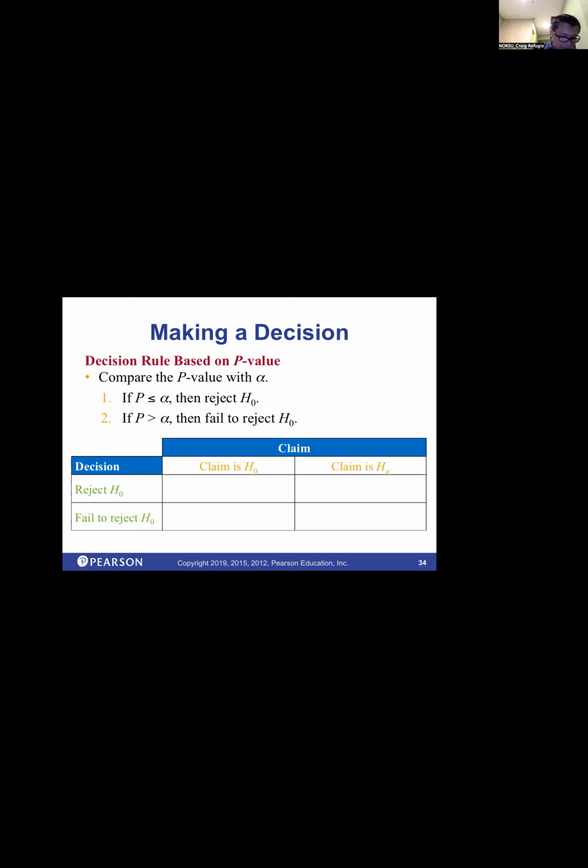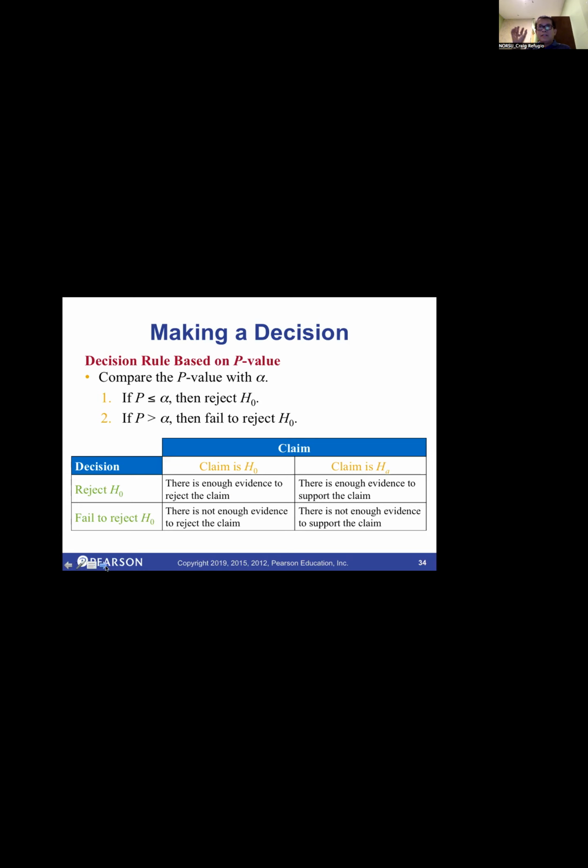So if you're the one doing the research, if you're the one doing the statistical test, you are going to decide first on what you are going to use: alpha 0.10, alpha 0.01, or alpha equal to 0.05. But I mentioned that in the social sciences, like in education, the common value is 0.05. The next one is all about the template on how you are going to make your interpretation based on the decision.